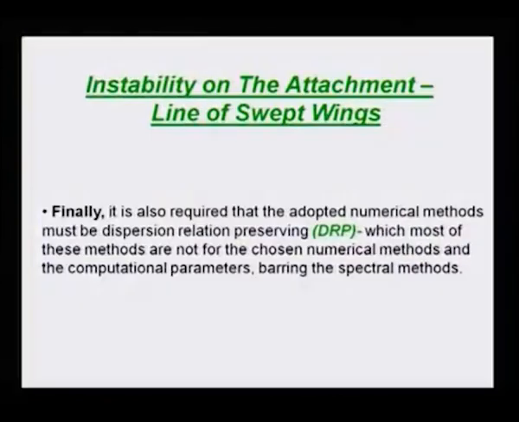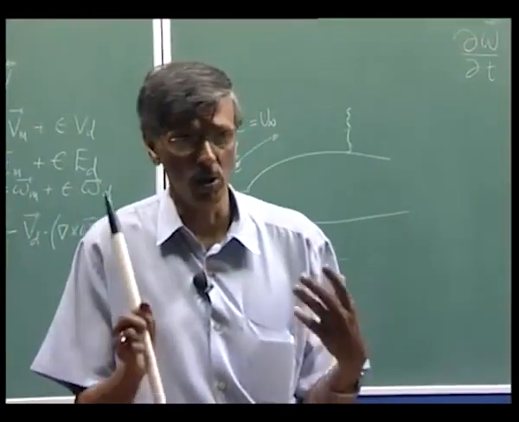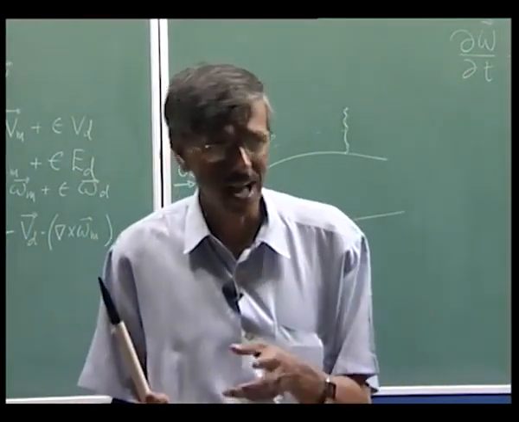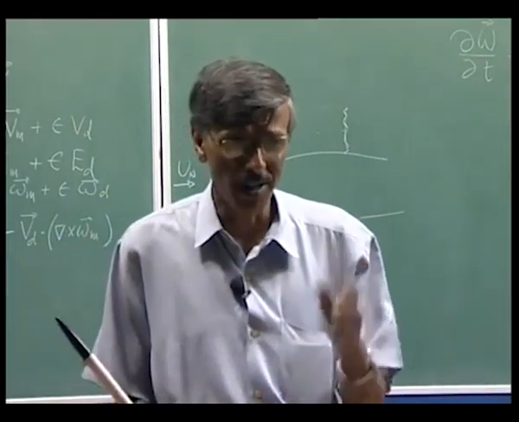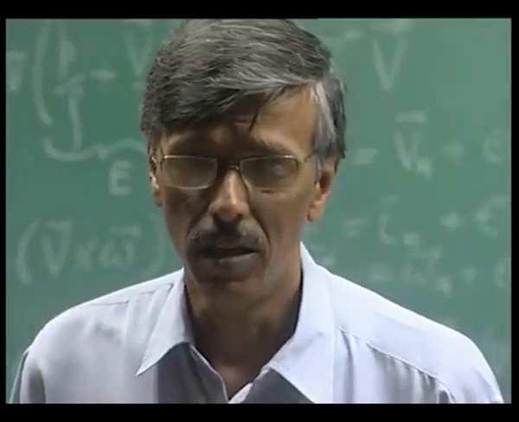What happens with spectral methods? Spectral method is probably the gold standard of computing, because it just provides you the exact physical dispersion relation, provided you use, let us say, a Fourier spectral method.